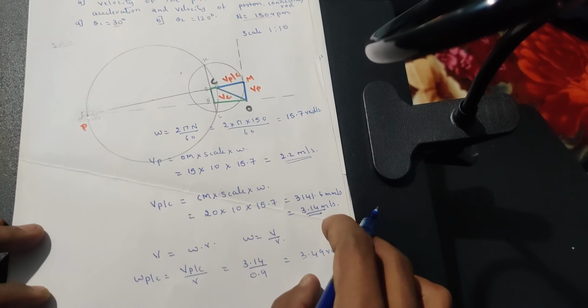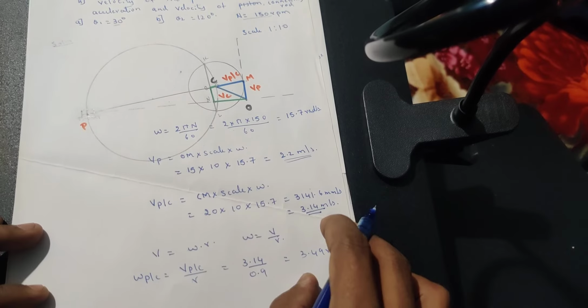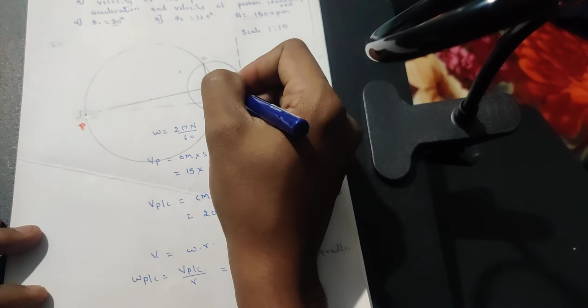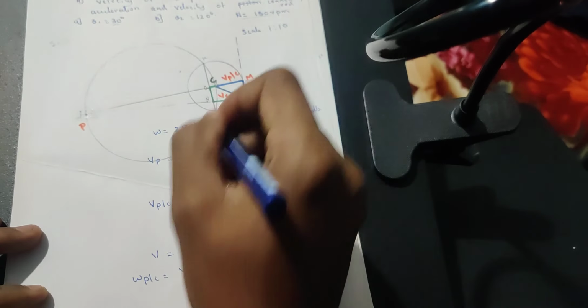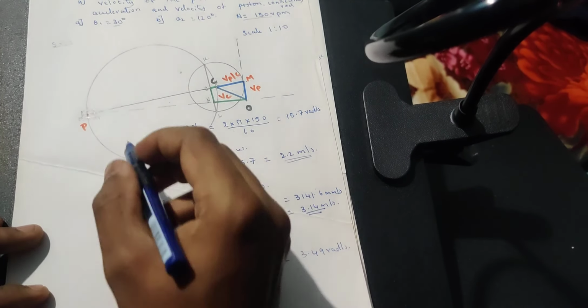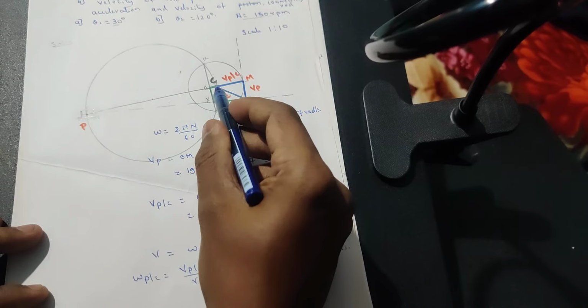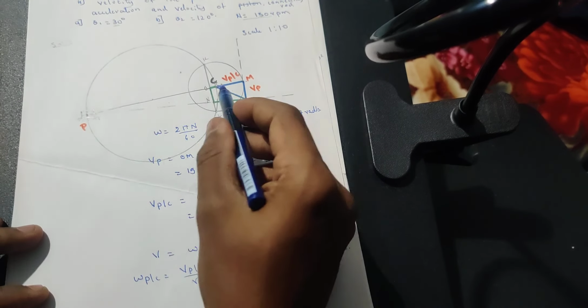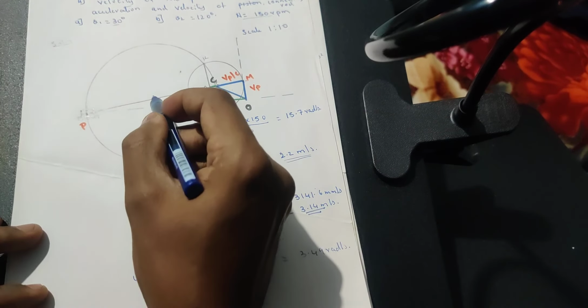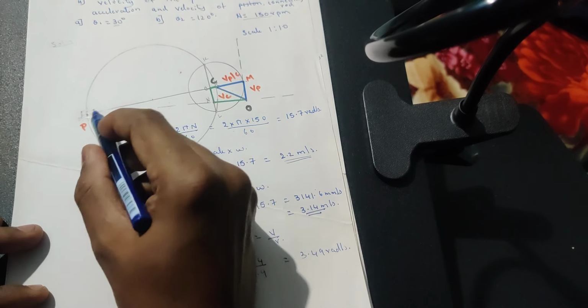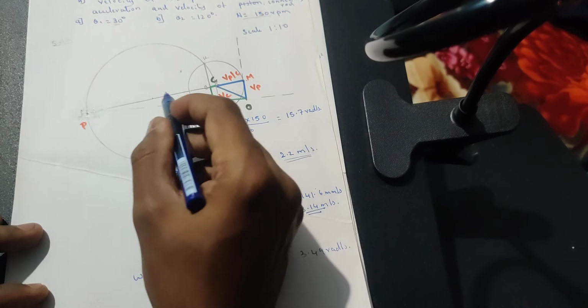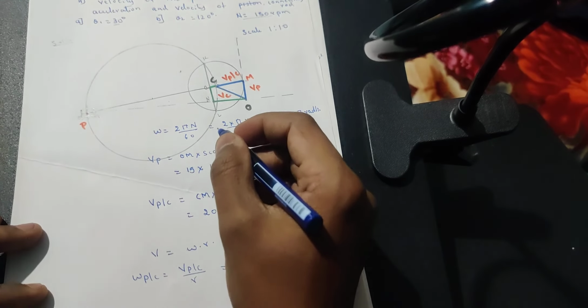In order to do the acceleration diagram, we select this as a center and CM as a radius, and we draw a circle. After that, from the connecting rod, from PC, I'll select a center for this and take the radius from this point to this point, and I'll draw a circle.